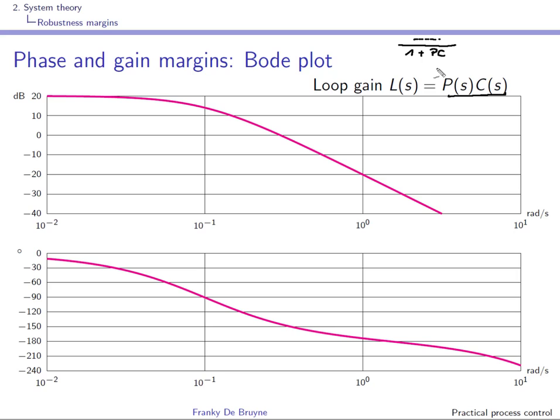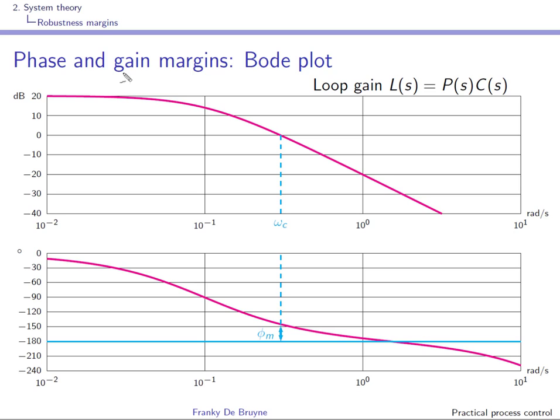And what we are doing when we are looking at the phase and gain margins is looking how far the loop gain PC is from the point -1. -1 is the critical point, and this critical point -1 is characterized by a gain of 1, 0 dB, and a phase shift of -180 degrees.